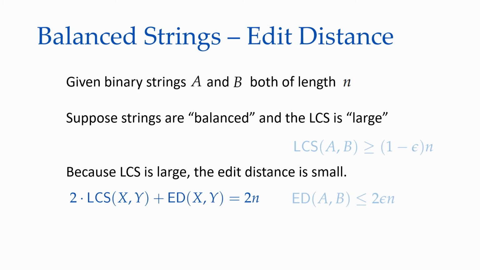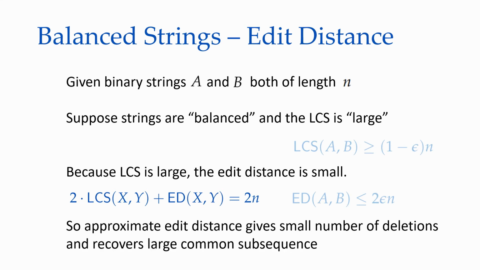This approximation will then give a small number of deletions, which when applied to the input strings yields a common subsequence. Because the number of deletions is so small, intuitively the remaining common subsequence is very large, and for appropriate settings of small and large in terms of certain parameters, this procedure will actually give a better than half approximation again.